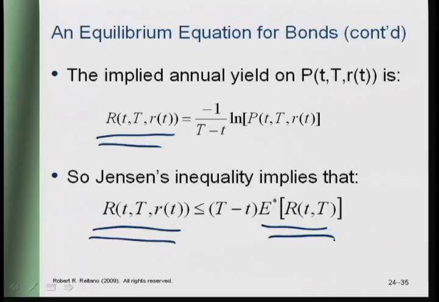So it's very important that when we're pricing bonds, we take risk-neutral expectations. We do averaging of bond prices. We don't do averaging of interest rates. Because Jensen's inequality tells us if you average interest rates, you're going to get an interest rate that's too big. The actual interest rate that's correct for pricing a bond is smaller than that average interest rate.